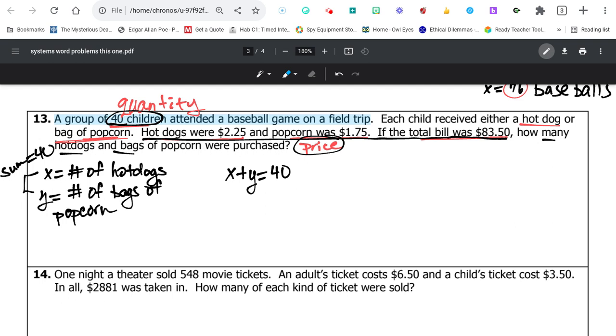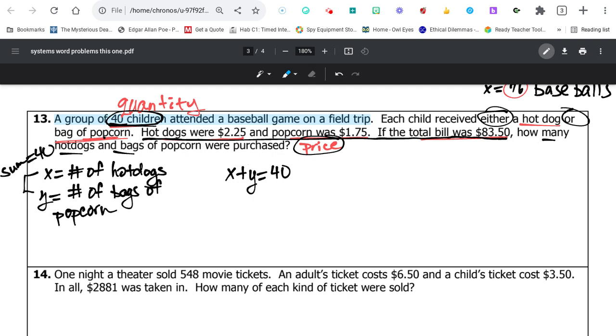The number of hot dogs plus the number of bags of popcorn had to equal 40 because there were 40 children. And it says each child received either a hot dog or a bag of popcorn. They didn't get both. So that either/or lets us know that it's one or the other. So the two added together had to equal 40 because it was 40 people.